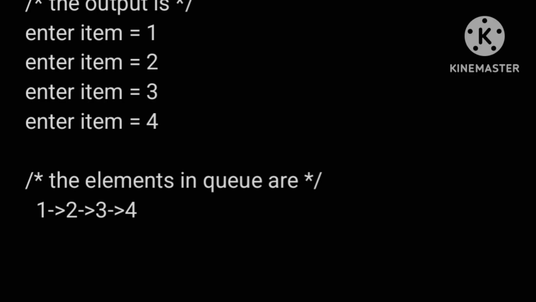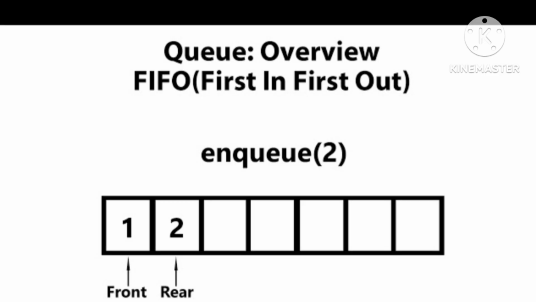So the output screen of the queue program is here. We have inserted 4 items on the queue, and the first item has the value 1 and the last item has the value 4.